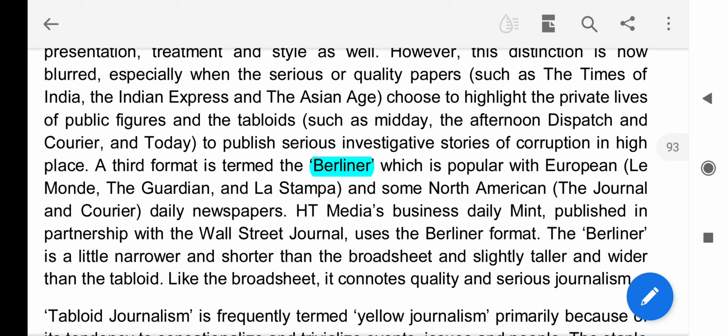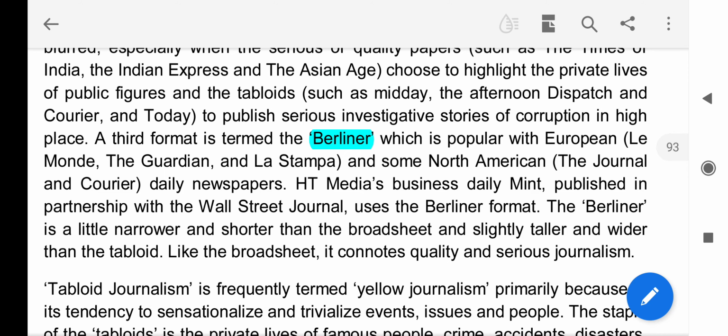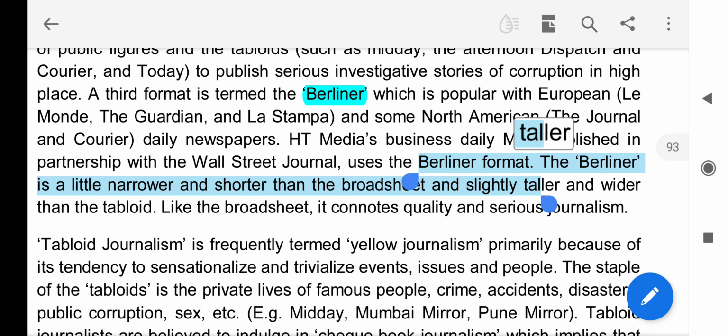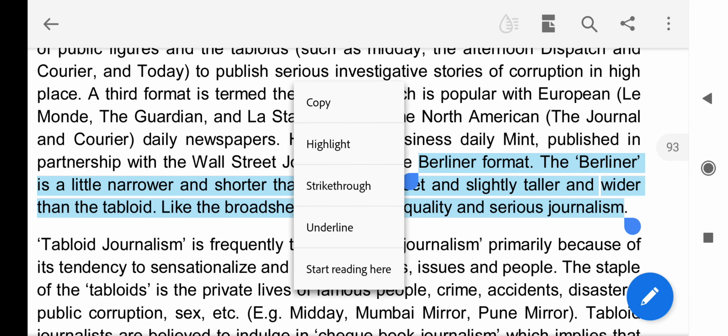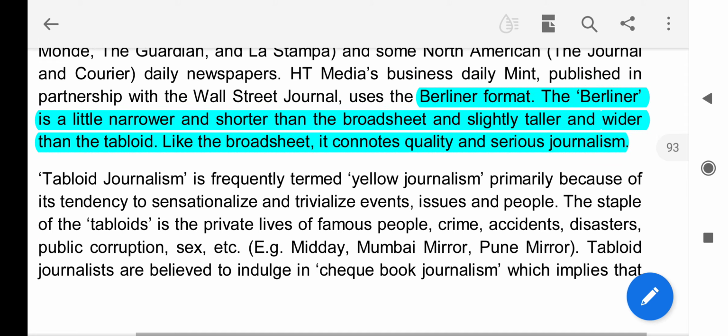East Media's Business Daily Mint, published in partnership with the Wall Street Journal, uses the Berliner format. So these are some of the big houses that use this format. The Berliner is narrower and shorter than broadsheet and slightly taller and wider than tabloid. Like the broadsheet, it connotes quality and serious journalism.